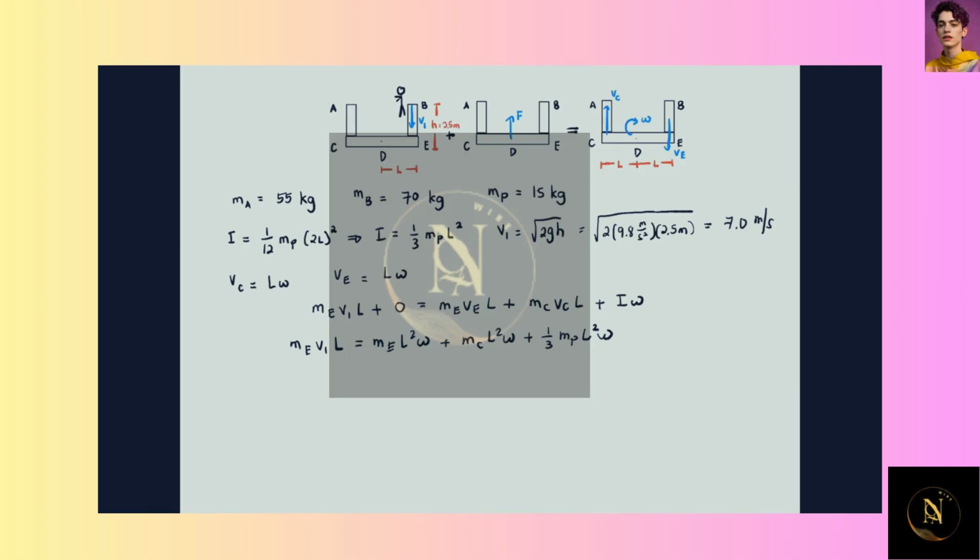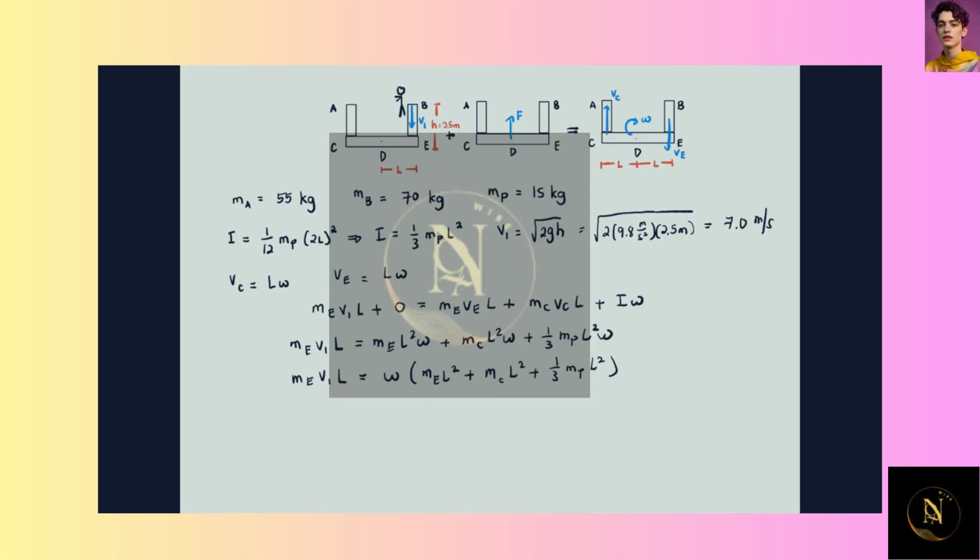Simplifying this, let's factor out omega: ME V1 L equals omega times (ME L squared plus MC L squared plus 1/3 MP L squared).